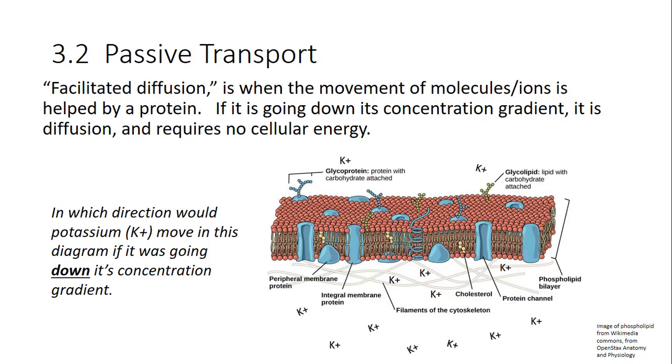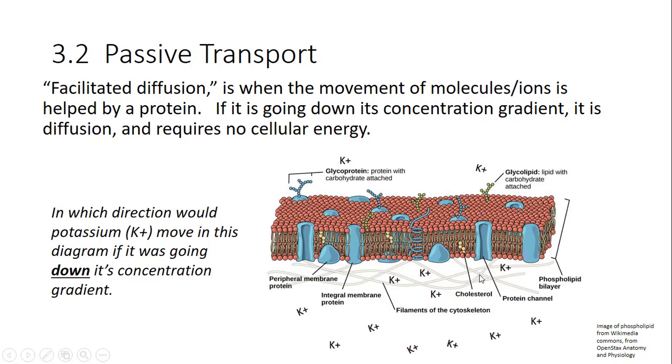It just requires a protein, like this protein right here, which has a channel built into it, a hollow space built into it, so that molecules, or in this case, potassium ions, could move in or out of the cell through that channel.